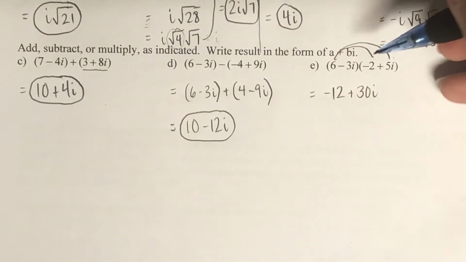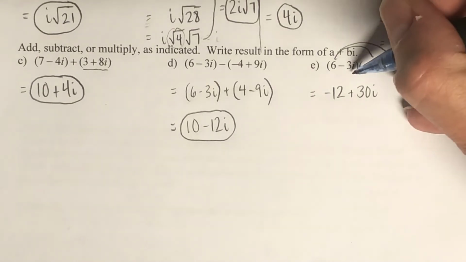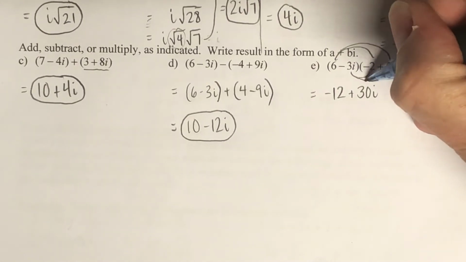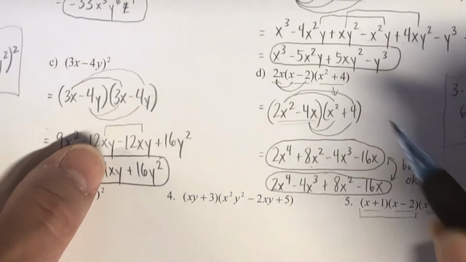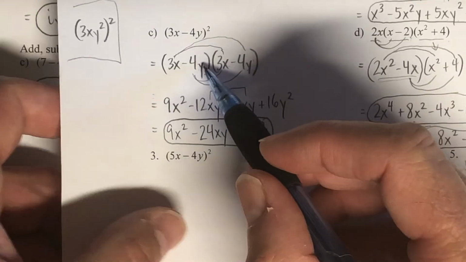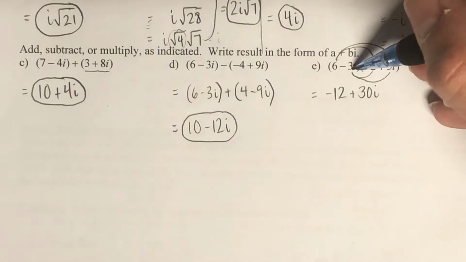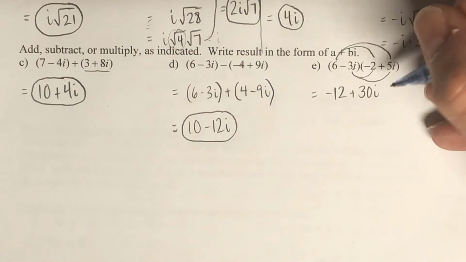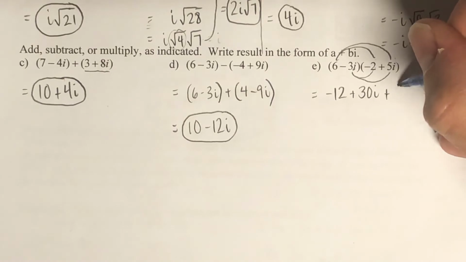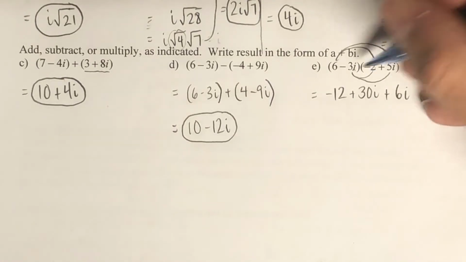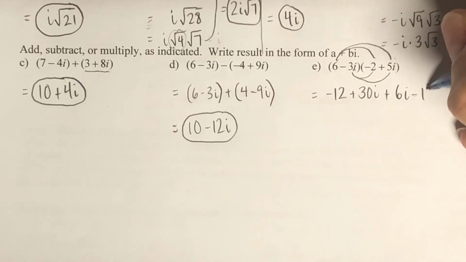Put pluses and minuses in between. Then we go to the negative 3i, and we multiply by those 2 terms, just like we did with the negative 4y. Negative 3i times negative 2 is going to be positive 6i. And then negative 3i times 5i is negative 15i squared.